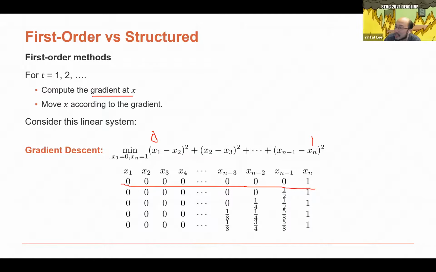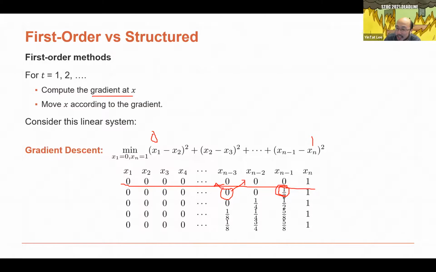Then one thing you notice is when you compute the gradient, in the first step, the only non-zero in the gradient will be this. All other coordinates, because all the labels are 0, if you compute the gradient at this point, it will be 0. So naturally, if you move according to the gradient, this shouldn't move because you don't see that coordinate at all.